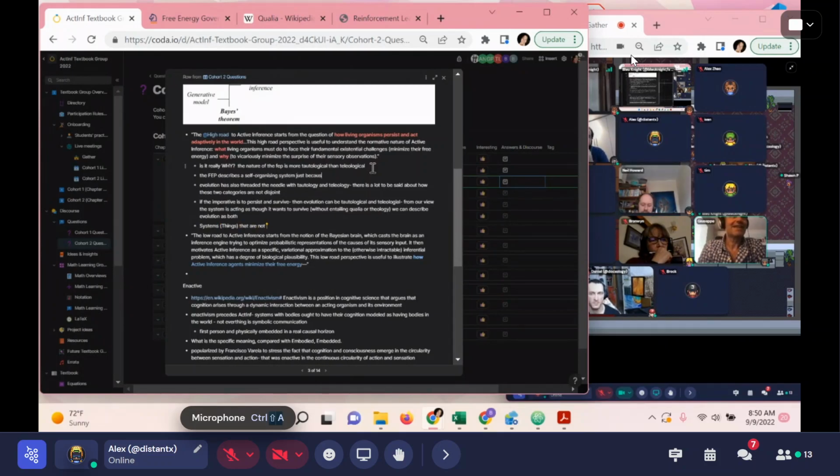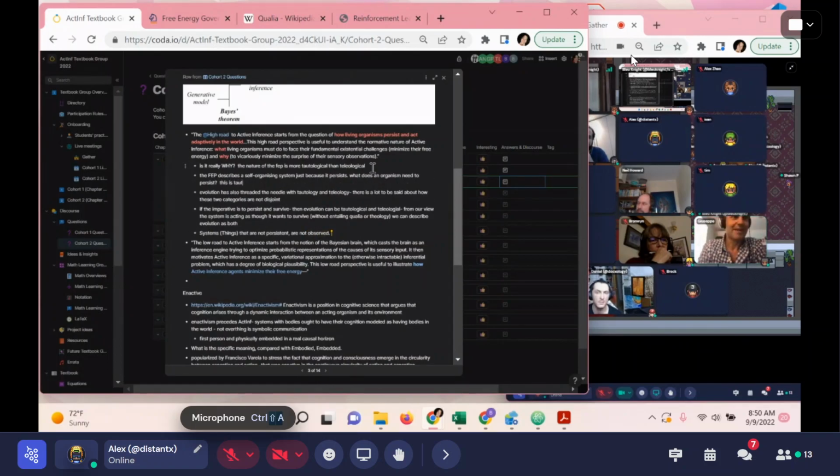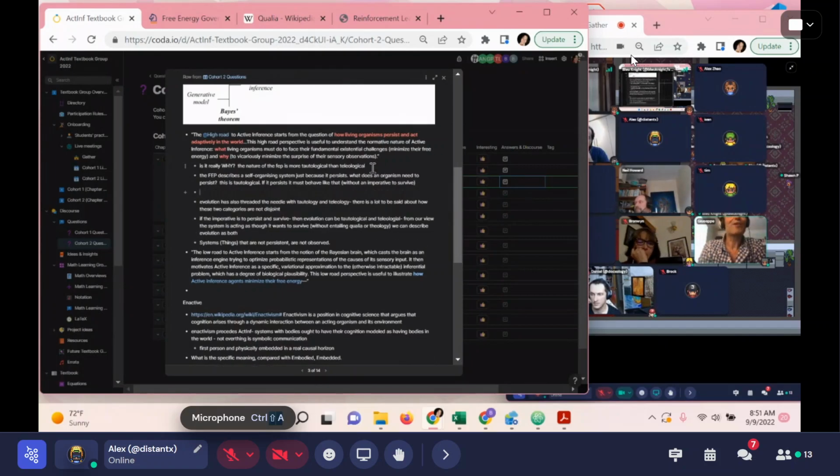In that sense it is tautological. It's just, if it persists, it must behave like that. So you don't even need to put in any imperative to survive. If it survives, it must behave like that. But of course, as you said, you can frame this self-organizing drive, in a sense, as some sort of imperative to maintain the form and function of the organism. So, yeah.